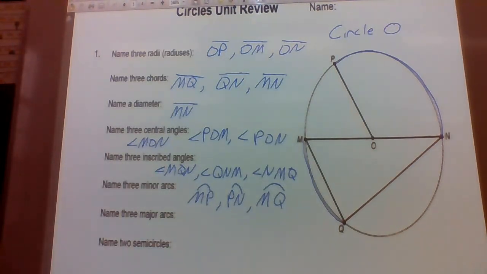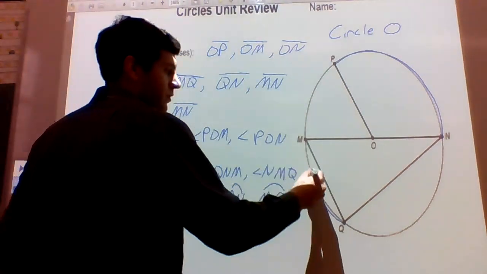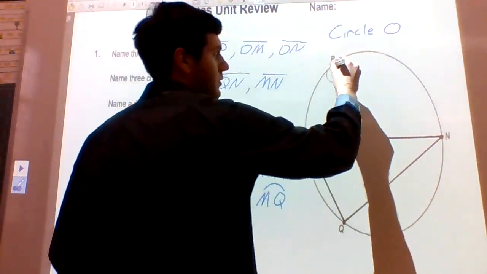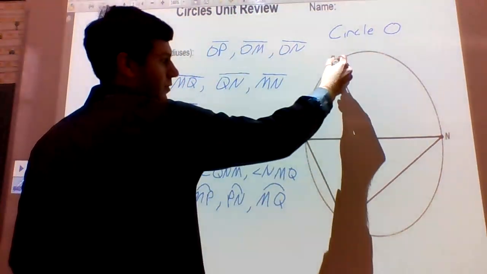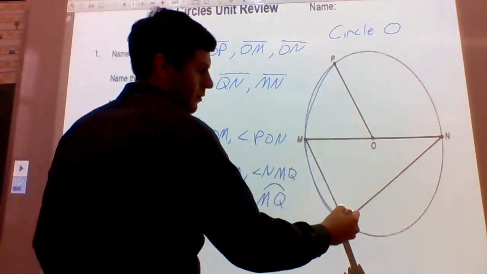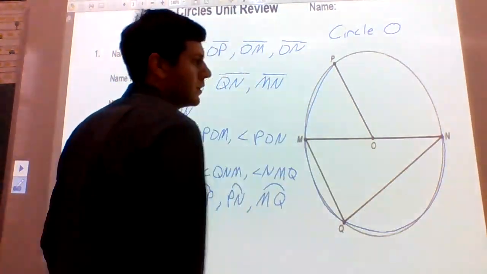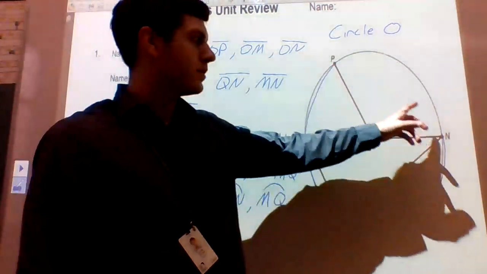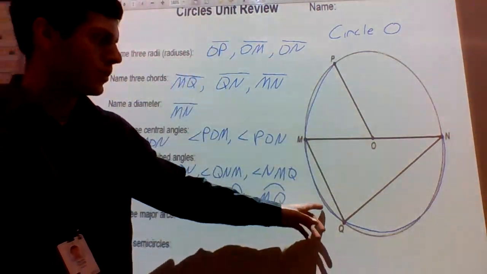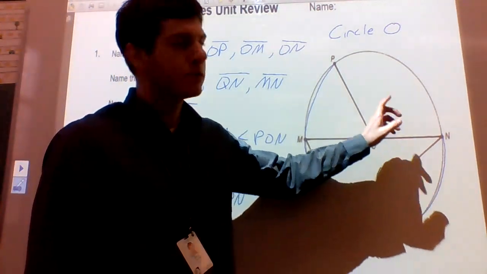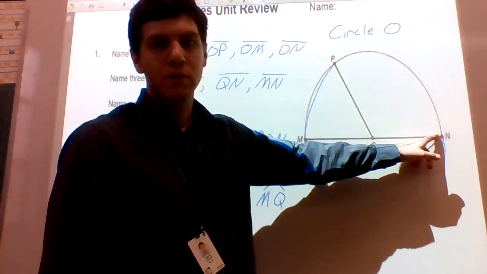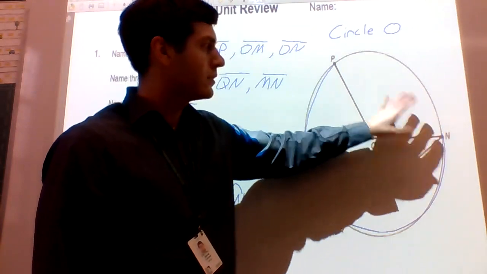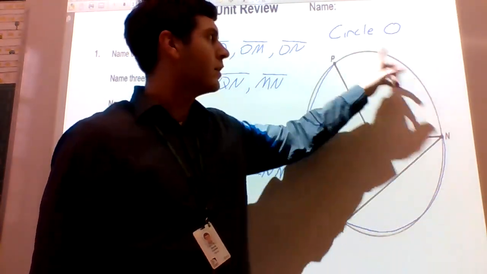Major arcs are arcs that are more than half the circle, so they're greater than 180 degrees. For example, we can go from P through M and Q over to N. To name that, we want to use 3 points. We're connecting points P and N, and we also name one of the points we're going through. If you just write PN, it's assumed you're going the shortest way along the circle. There's 2 ways to connect P and N, the short way and the long way.